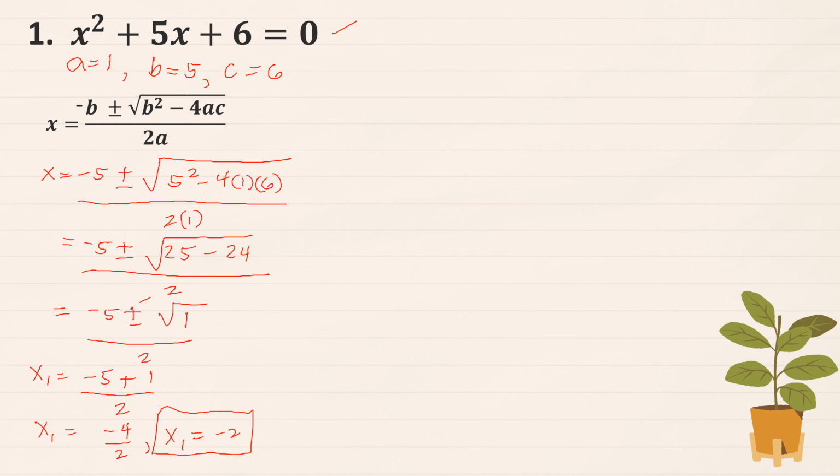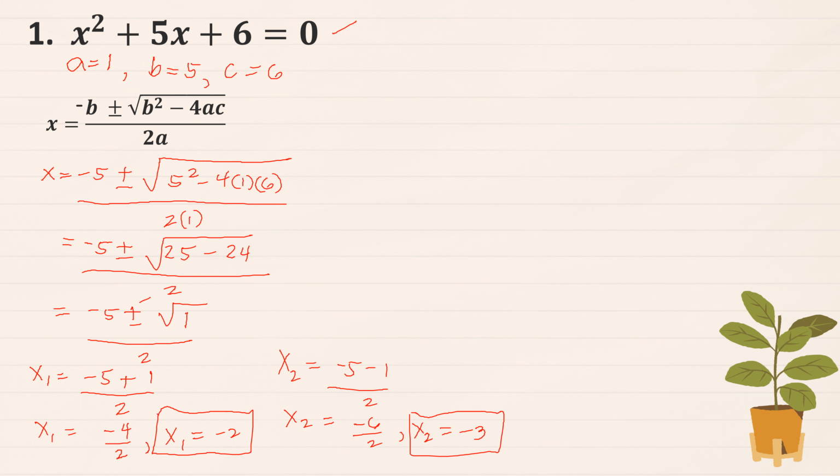Next, getting our x sub 2, we use the negative. So negative 5 minus 1, all over 2, is negative 6 over 2, and therefore our x sub 2 is equal to negative 3.